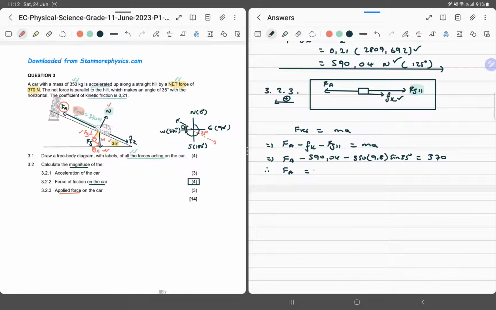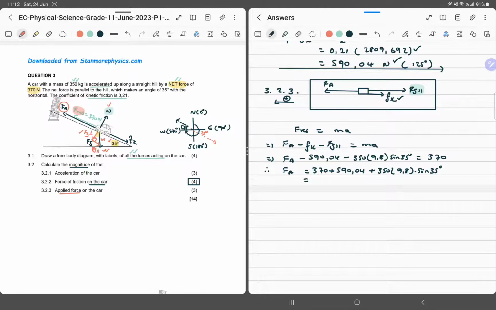Therefore our applied force is going to be 370 plus 590,04 plus 350 into 9,8 times sine of 35 degrees. So let's finish up here quickly.